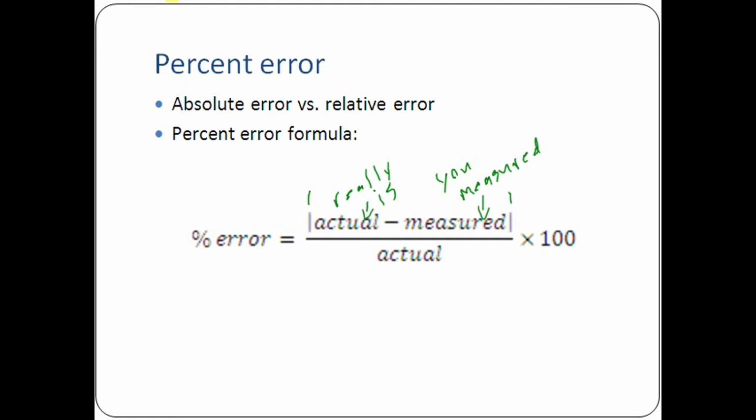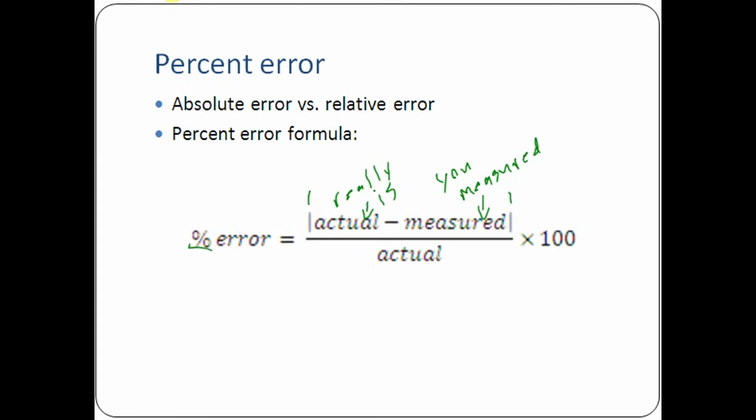Because we have an absolute value on top, that difference is always going to be positive. It's always the positive difference between what it really is and what you measured. You take that positive difference, divide it by the actual value, and then multiply it by 100, and that gets it into percent.